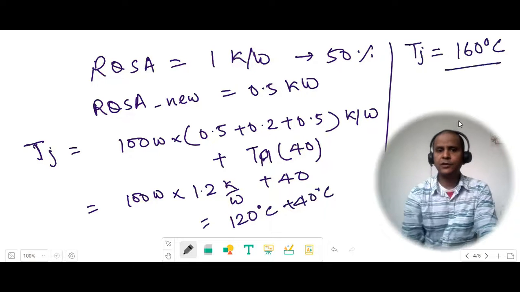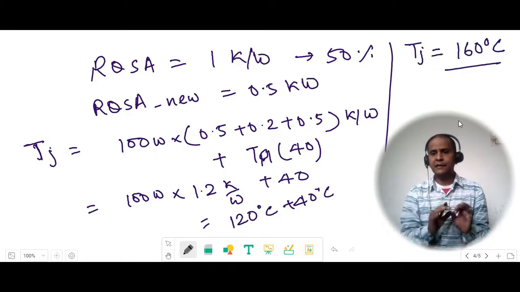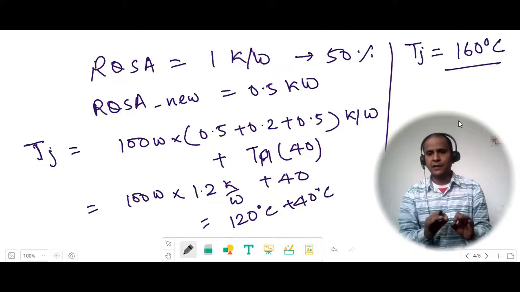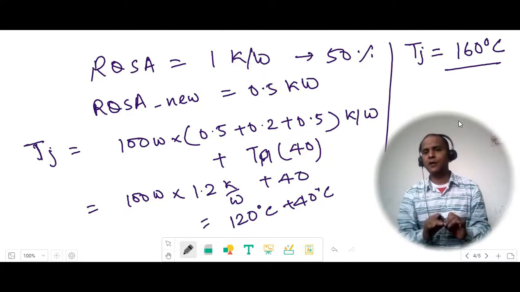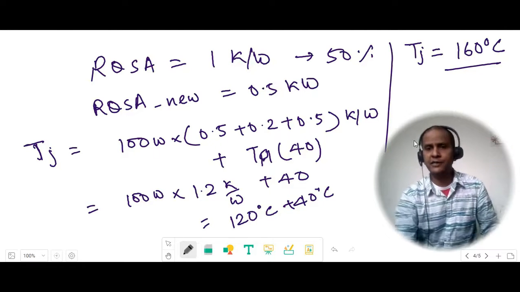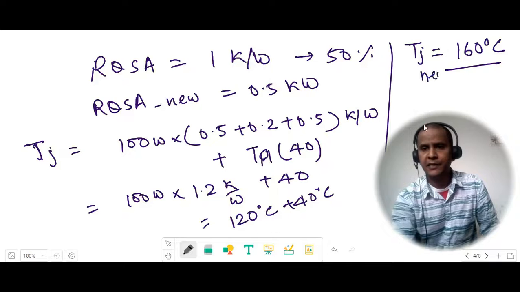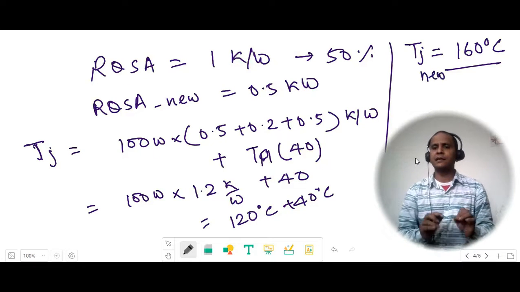Now you have reduced the sink to ambient thermal resistance, R theta SA. Let's say you have used a convection cooling technique, forced cooling with a fan, and after using the fan you have reduced the sink to ambient thermal resistance. Even then, earlier it was 210 degrees centigrade, and now the junction temperature Tj new is 160 degrees centigrade.